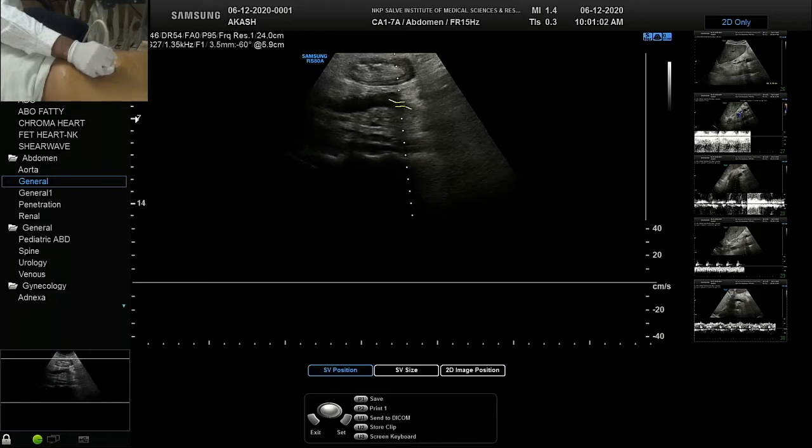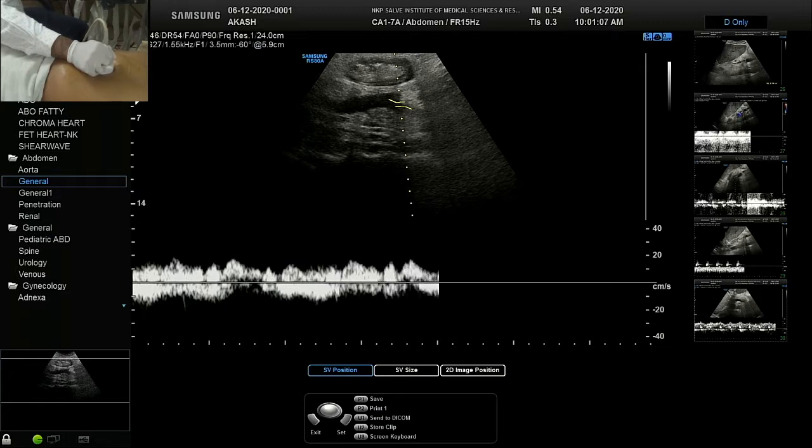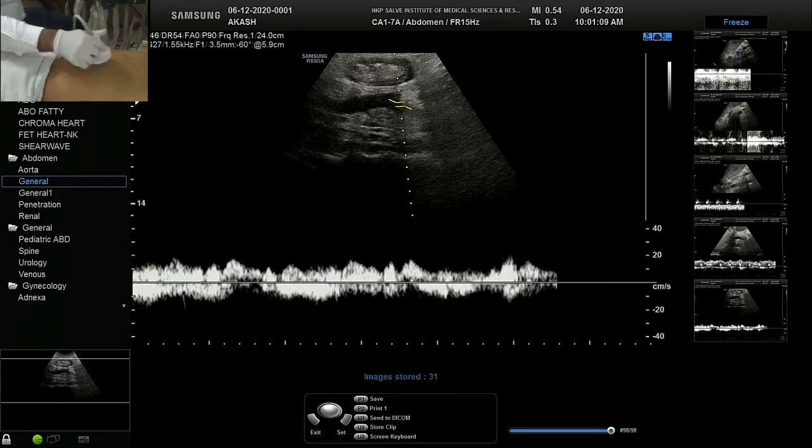The bowel loop above is not allowing us to give proper information, but yes, flow is phasic and normal.